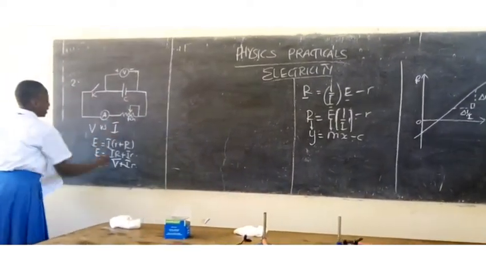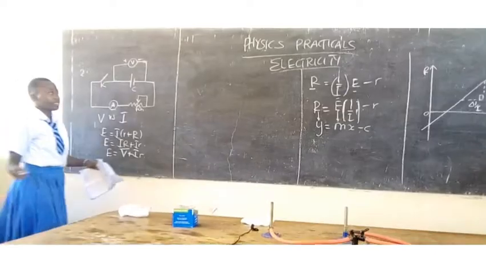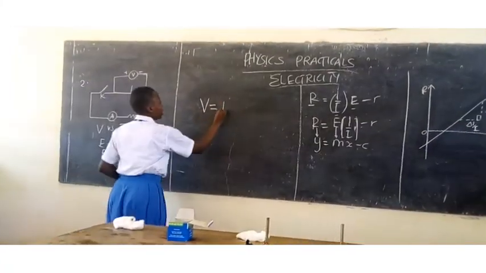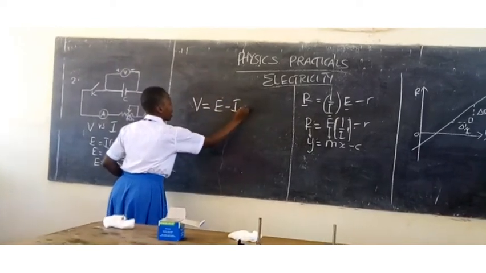It's V against I, so V should be the subject, to be E minus Ir.